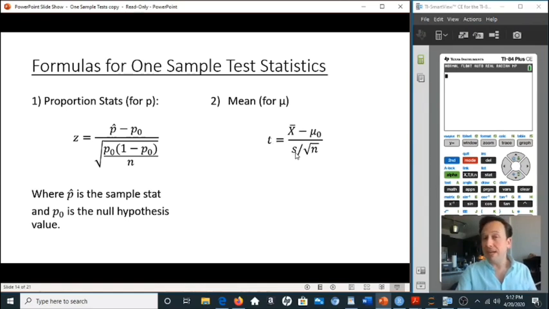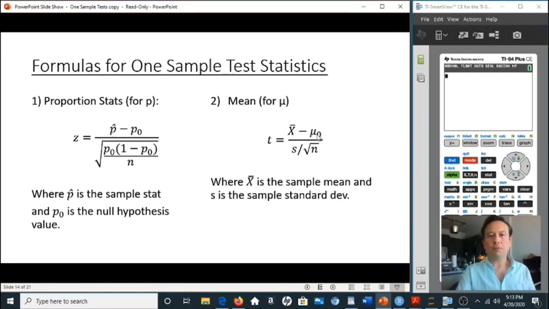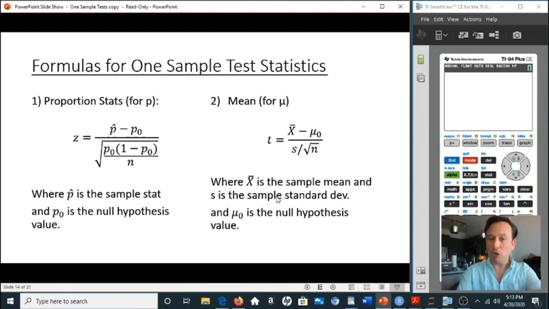If you know sigma, then you would follow a z-distribution. So this would be your formula for the test statistic. It's x bar, which is your sample average, minus mu0. And here's what those symbols stand for. x bar and s, remember, are the sample mean and standard deviation. Mu sub 0 is the null hypothesis value. And of course, n would be our sample size.